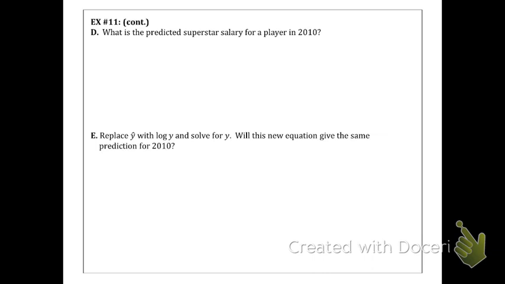D is what is the predicted superstar salary for the player in 2010. So 2010 is going to be 30 years later. All right, so we know that the log of y is going to equal, we're going to plug 30 into that equation, and that's going to give me 1.72862.